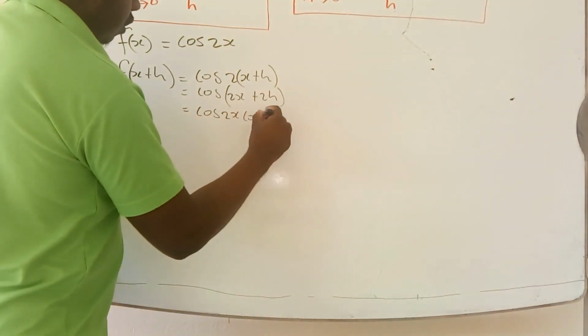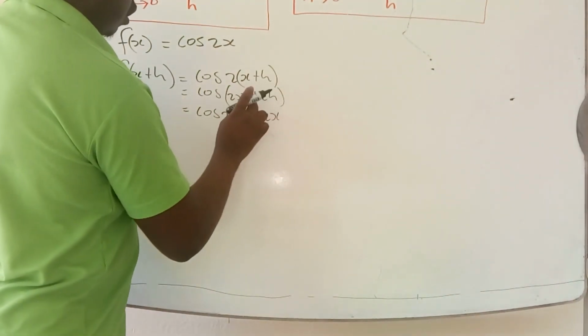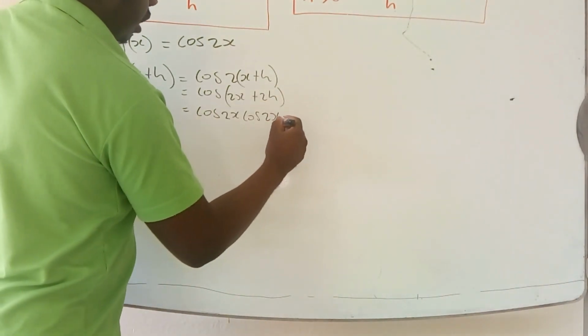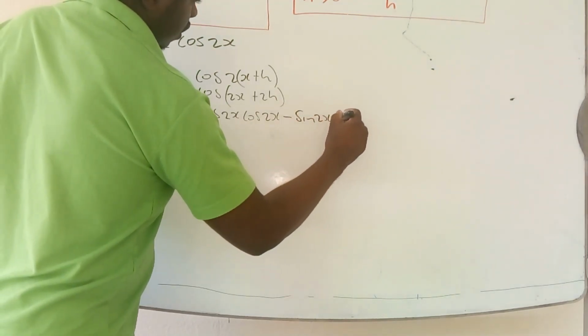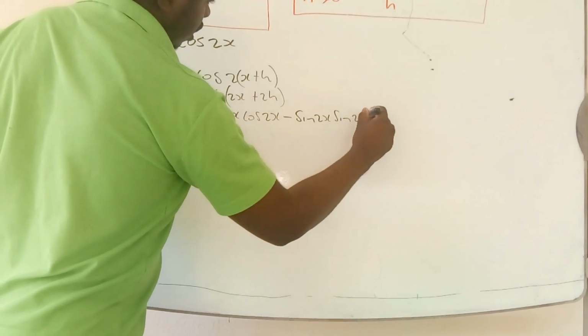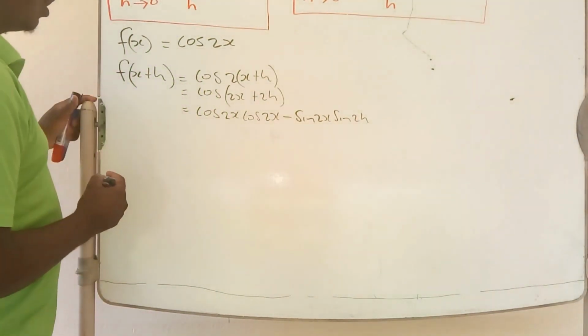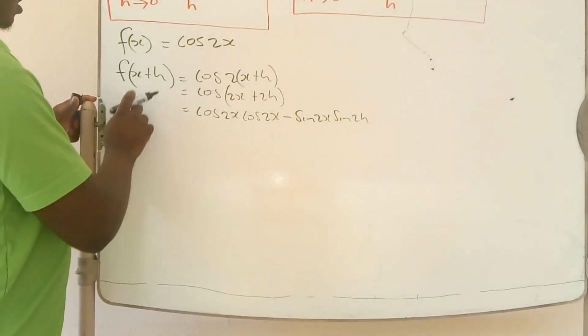Now we can use the double angle identity to further expand this out to be cos 2x cos 2h, this is going to be minus sine 2x sine 2h. Right? So now we are ready to differentiate the function.